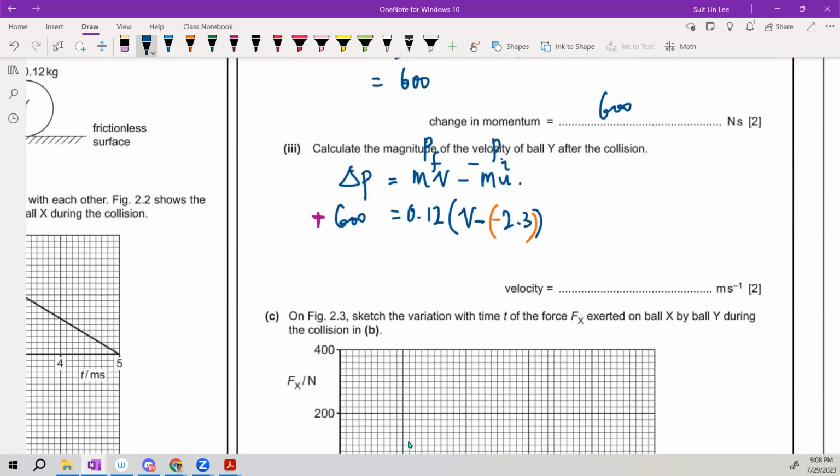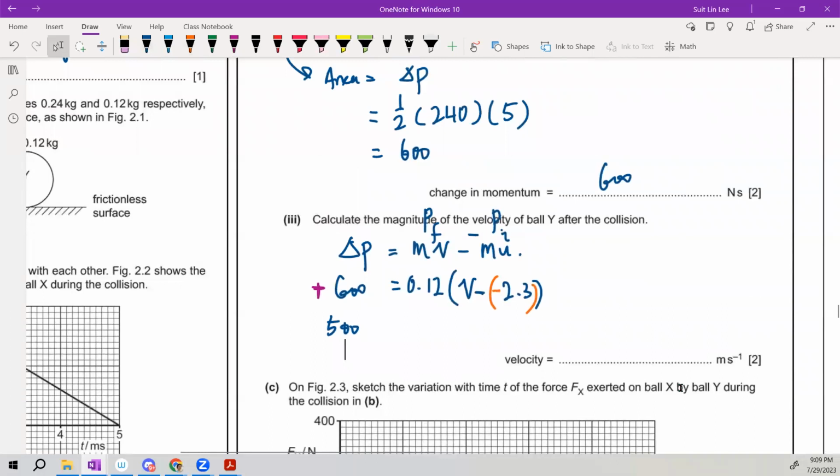If you forgot the negative sign, you will realize that, hey, the value is a bit too big. So numbers are kind of big. So if you press your calculator, you realize that this one is 5,000.